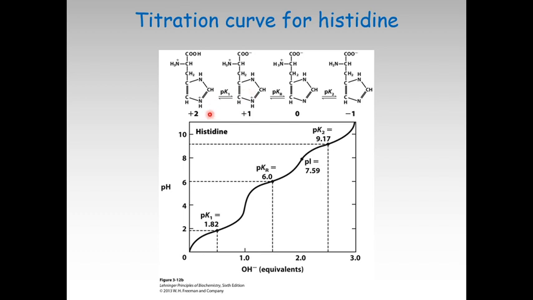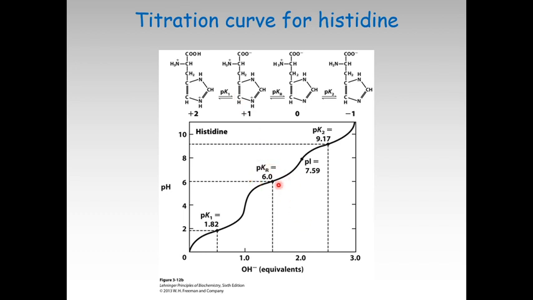Now, the first species has a charge of +2 because this carboxylic acid is neutral, and there are 2 positively charged groups on the amine and the side chain imidazole. At pKa1, these two species are in equimolar ratios.